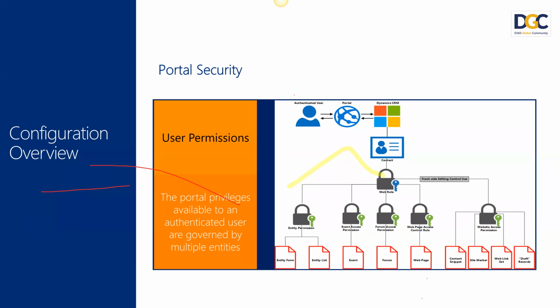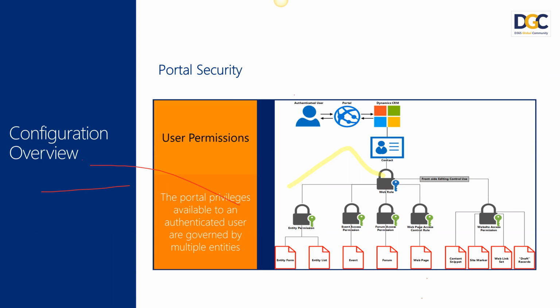And then it checks if that user is a contact or not in the CRM system. If it is, then it is going to check what kind of web role this user has. And from that web role, it checks what entity permissions this user has.